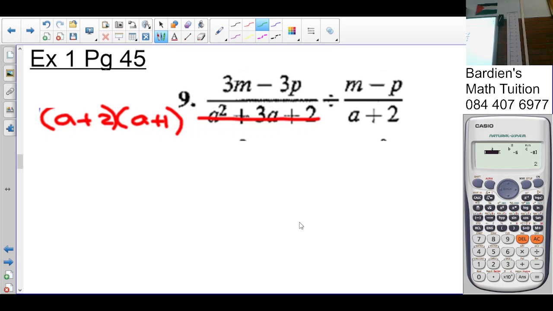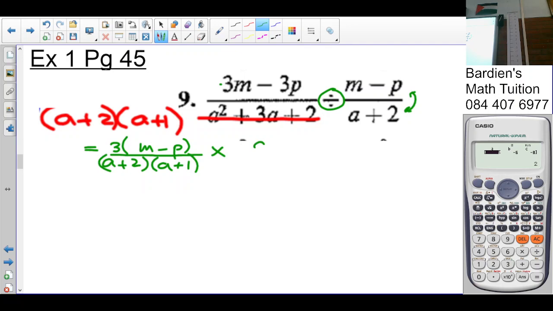Right, what's going to happen here? 3 is common. I'm left with m minus p over a plus 2, a plus 1, which is the factorized version of a squared plus 3a plus 2. And that changes to multiplication, times the flipped fraction. It will be a plus 2 over m minus p.